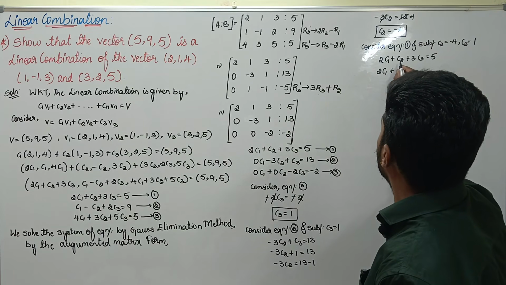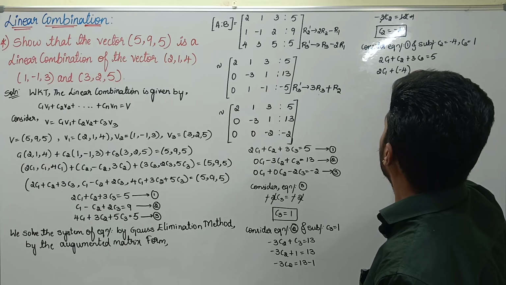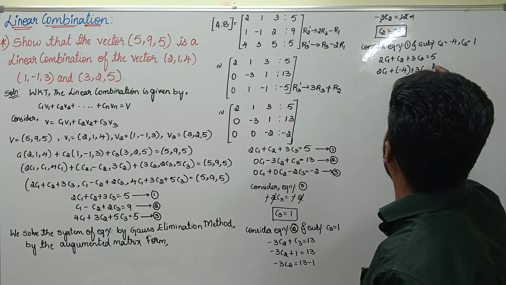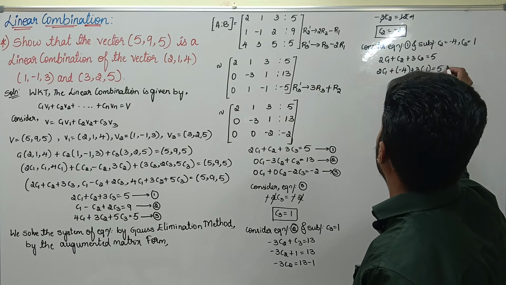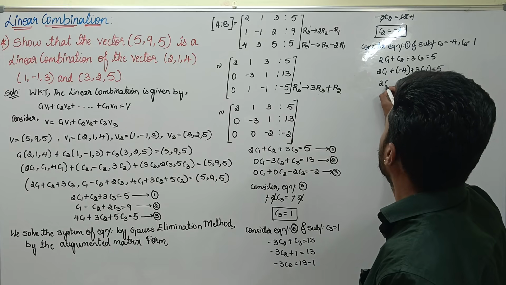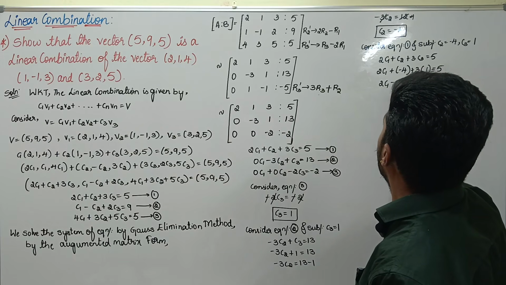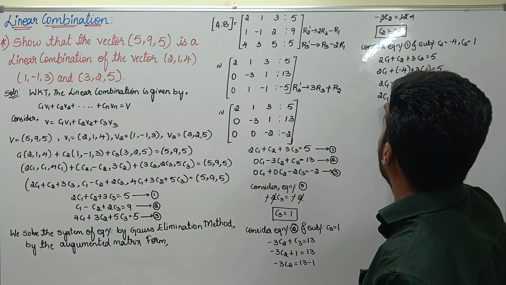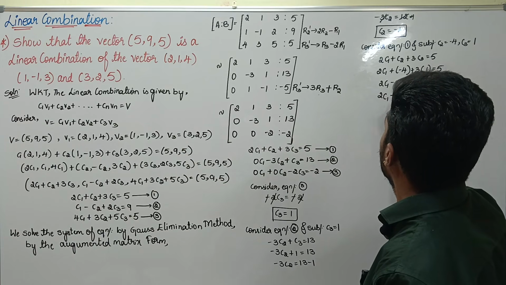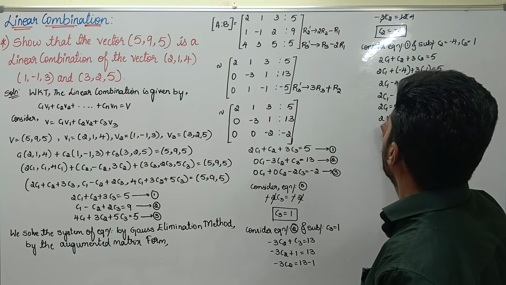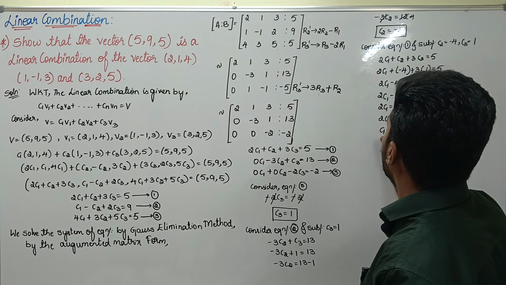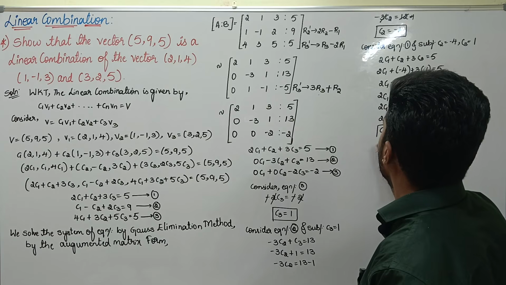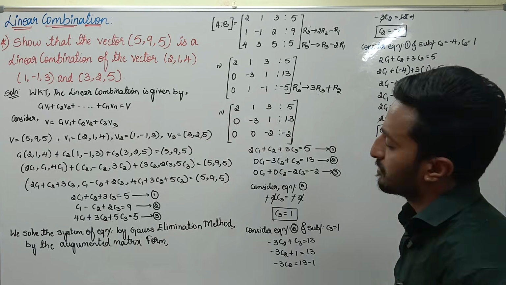2C1 plus, what is our C2? We have minus 4, plus 3C3, where C3 is 1, equal to 5. Next we have 2C1 minus 4 plus 3 equal to 5. 2C1 minus 1 equal to 5. 2C1 equal to 5 plus 1. 2C1 equal to 6, so C1 equal to 3. 2 ones are 2, 2 threes are 6.